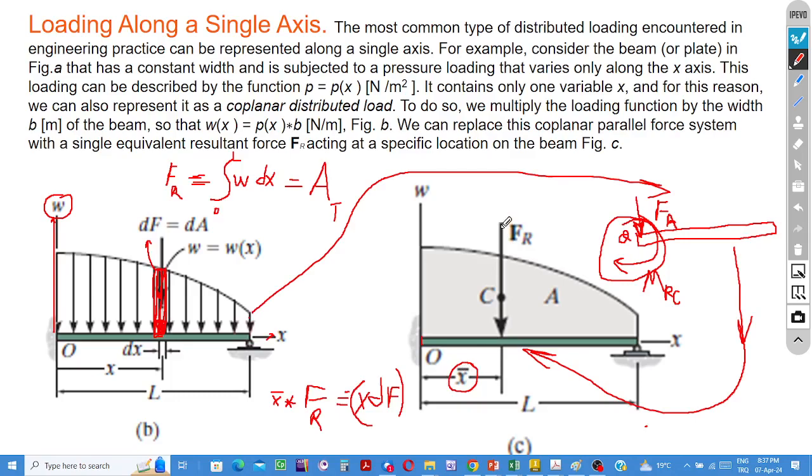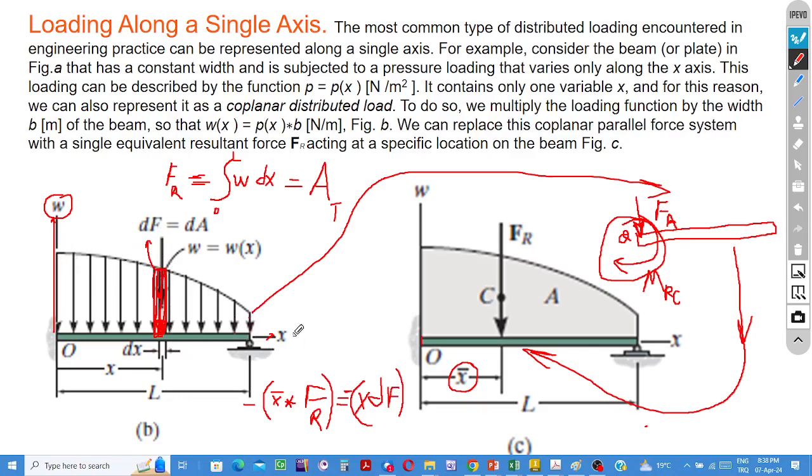So you see, at this special place, it tends to rotate the object about point O in the clockwise direction. So its moment is negative.